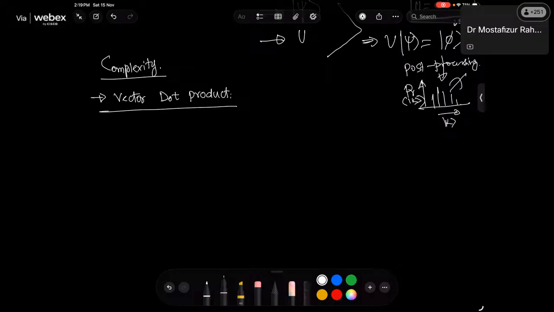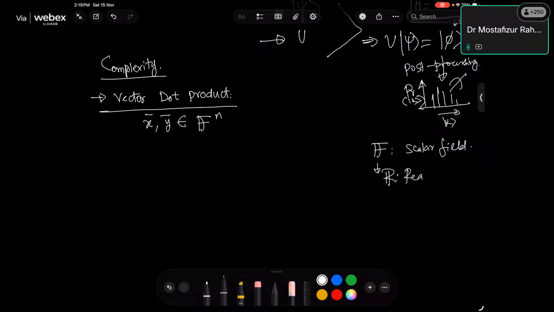So suppose we have two vectors, x and y, and they belong to the vector space F^n. I can take a general field as F, a general scalar field. If I take R, this is the real scalar field, the set of real numbers, and this is the set of complex numbers, and so on.